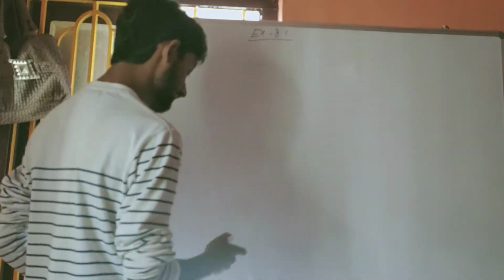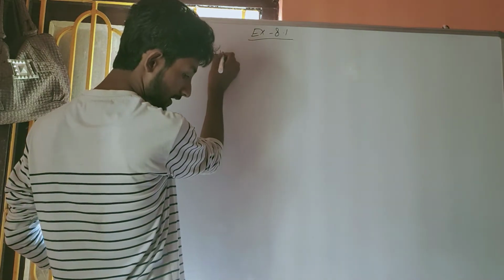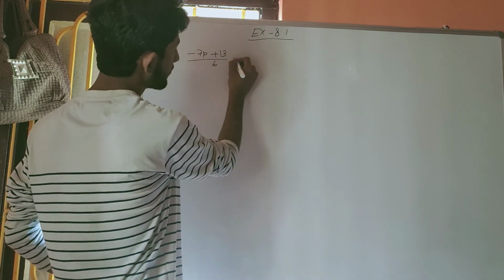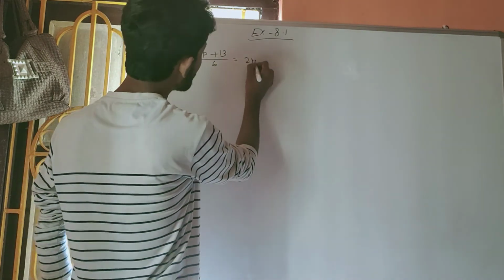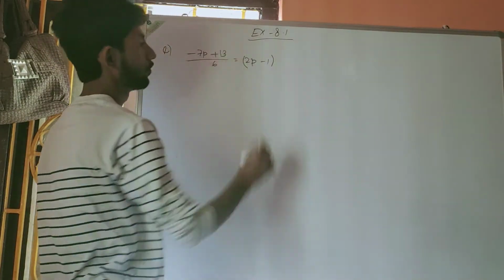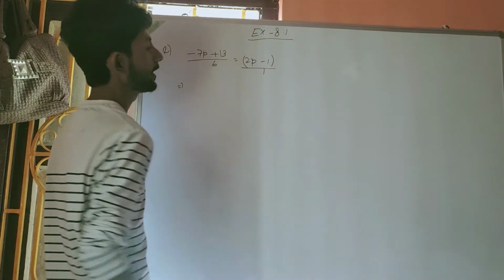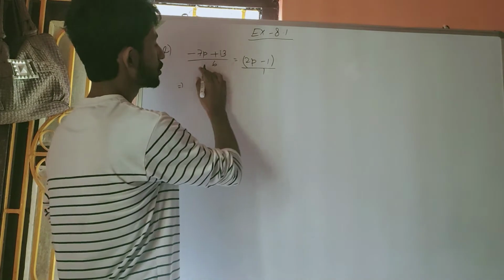So question number E says it is (−7p + 13) by 6 equals 2p minus 1. Now you will say that, sir, here is minus, so what can I do? You can take it at one portion only. Okay, then the upper portion will be multiplied with 1 and the down portion will be multiplied with this one.